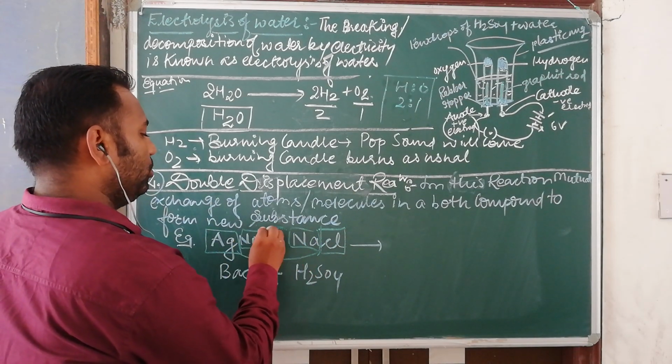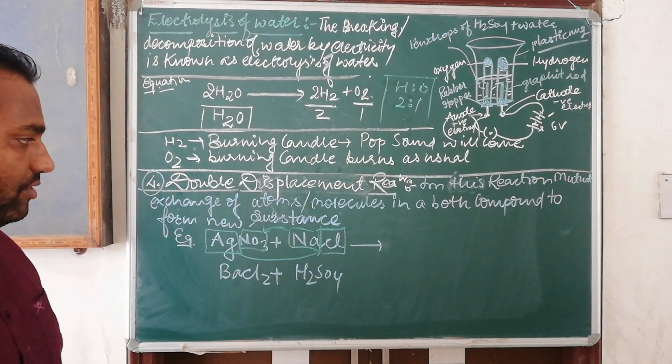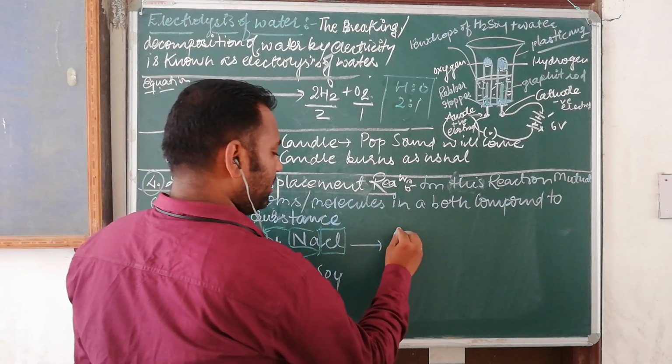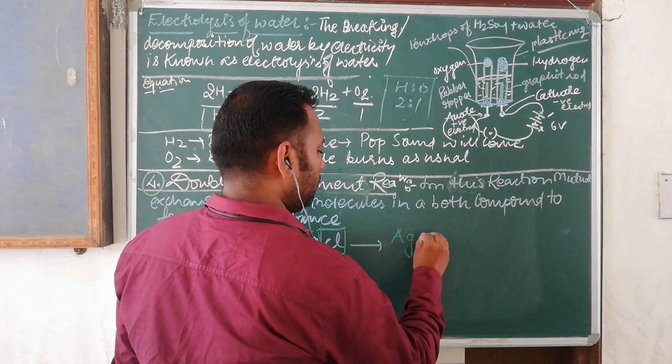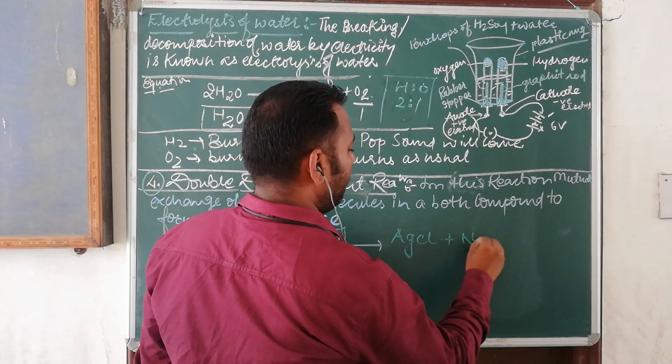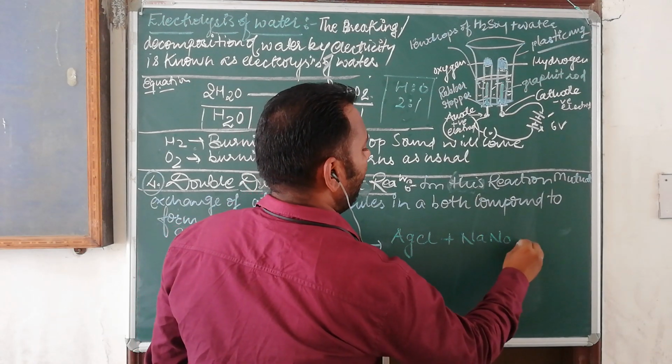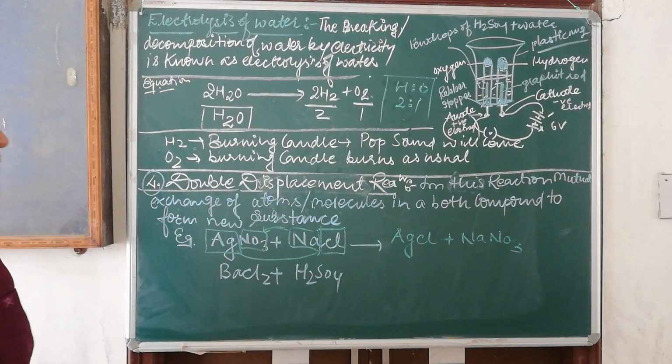This is our mutual exchange, so the formation of products is AgCl plus NaNO3. AgCl is silver chloride.